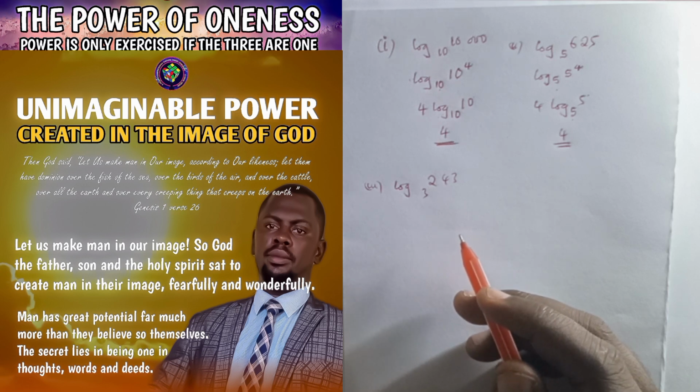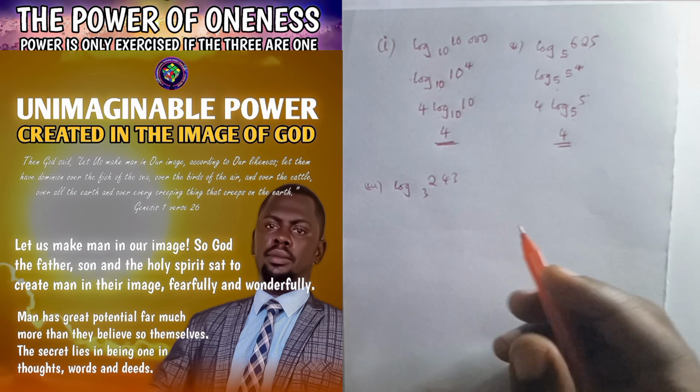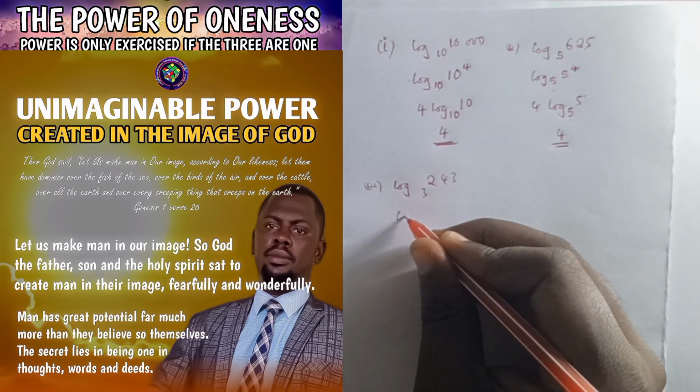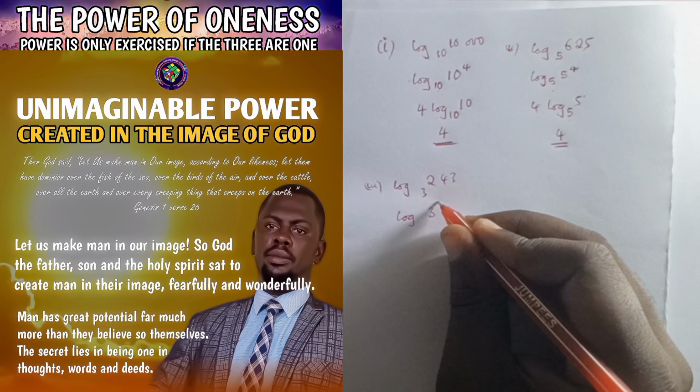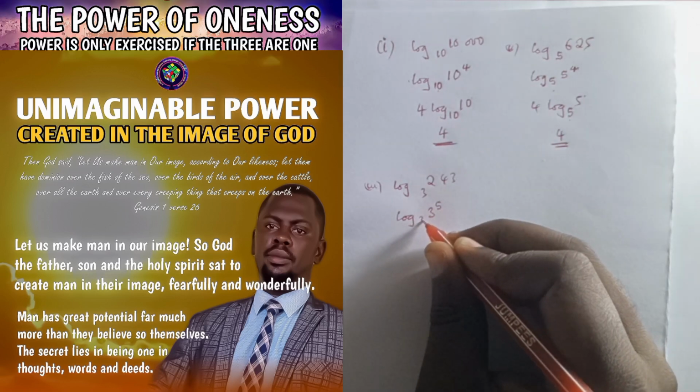So 3 times 3 is 9, times 3 you get 27, 27 times 3 you get 81, and 81 multiplied by 3, I believe it will be 243. So it will be 3 to the power 5. So where there is 243, we are going to have 3 to the power 5, then base 3.